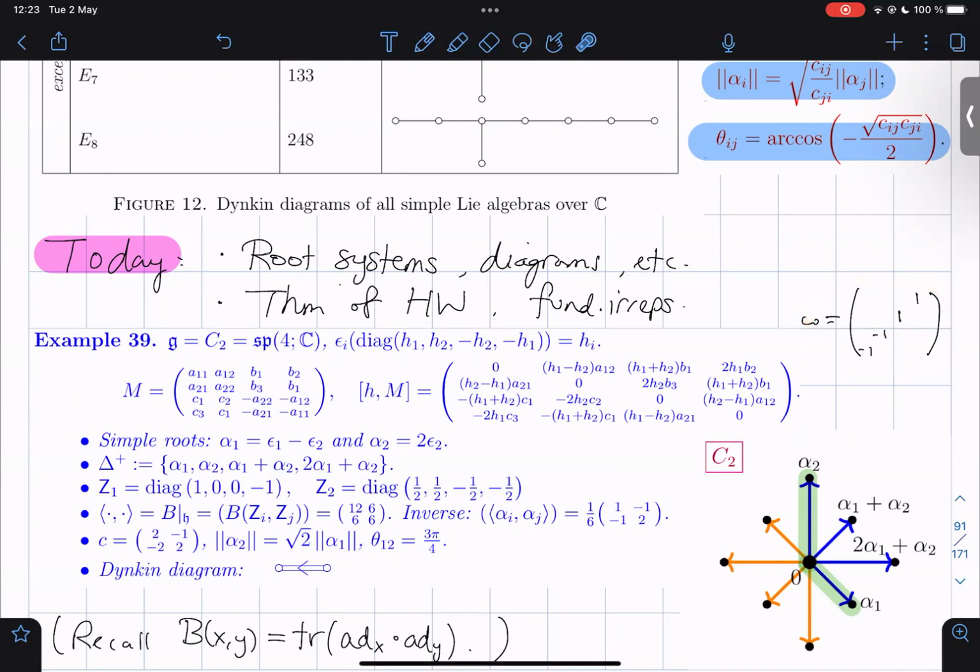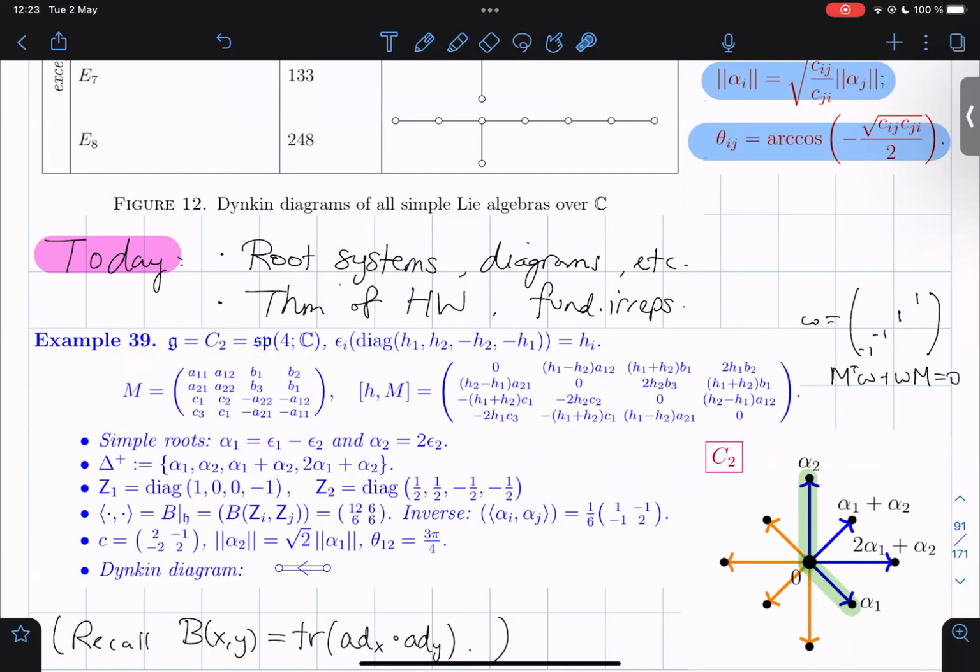If you express the invariance condition, namely M transpose omega plus omega M equals 0, you get this Lie algebra that's given right here. So it's a 10-dimensional Lie algebra.